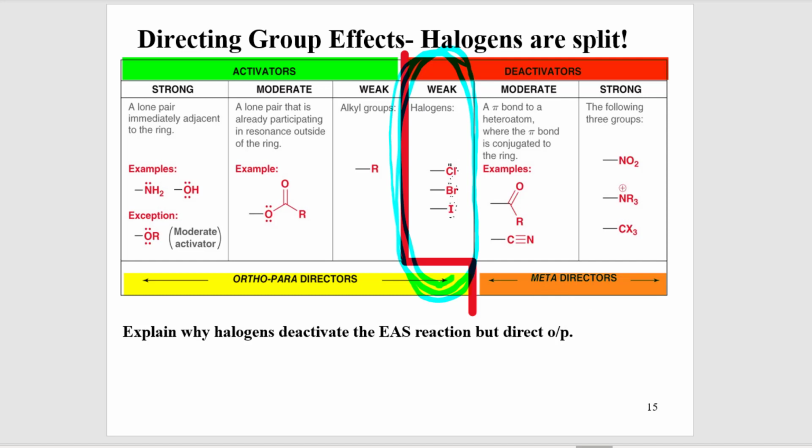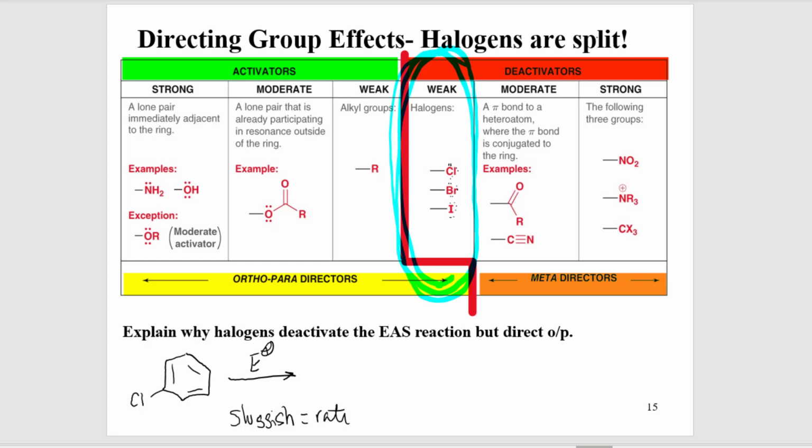So when the reaction actually happens, let's say I had a chlorine and I introduced an electrophile. Again, it doesn't matter what the incoming group is; it's all about who's already on the ring. From a rate perspective, this reaction would be sluggish. Why? Because chlorine is an electron withdrawing group and you're pulling electron density away from the ring. It's not a good nucleophile anymore.